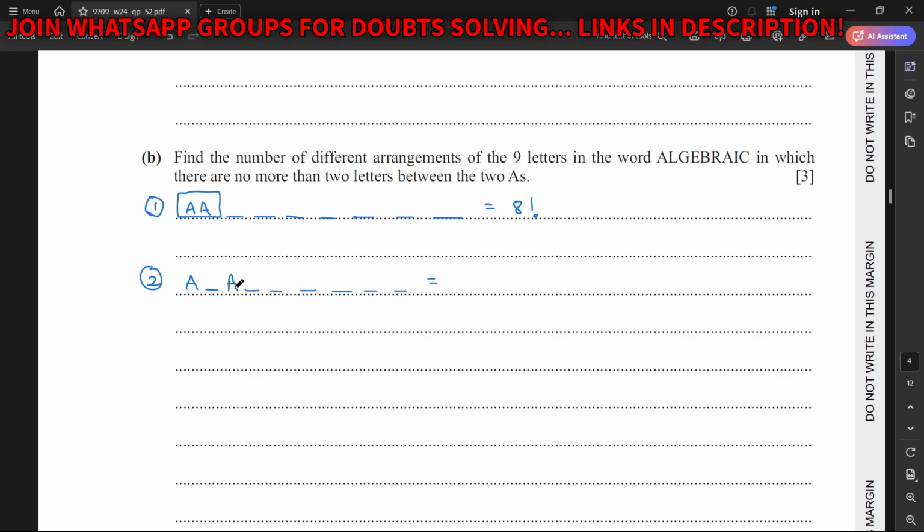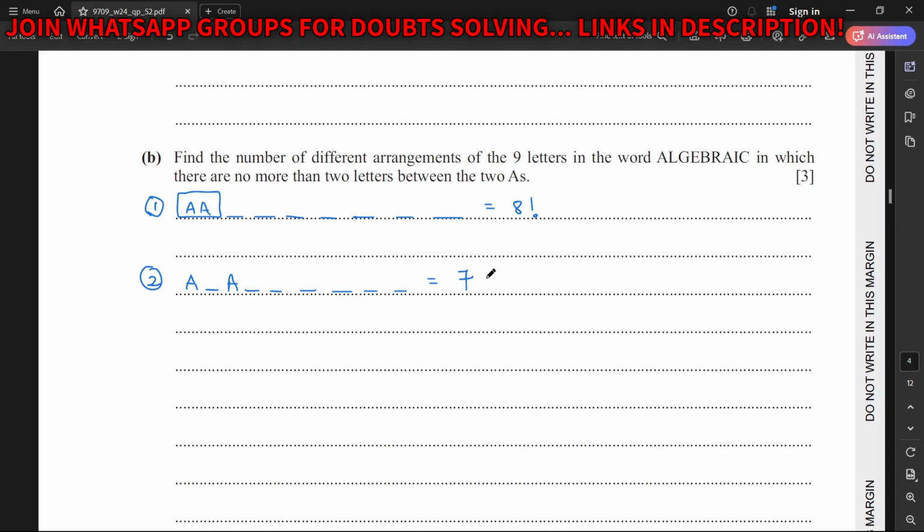This is my one possibility. The other possibility is having A over here, then an empty space in between, and A over here. That is my second possibility. Then this is my third, fourth, fifth, sixth, and seventh. So there are 7 different possibilities in which I can have my A's.